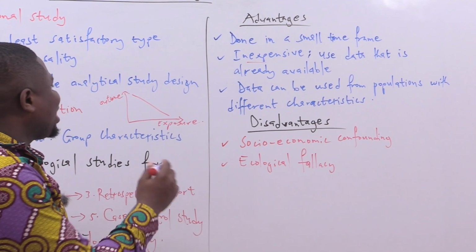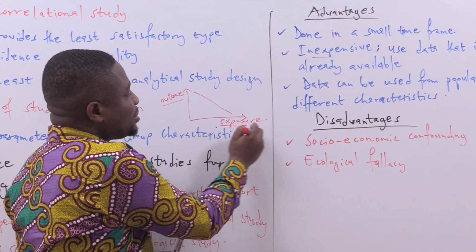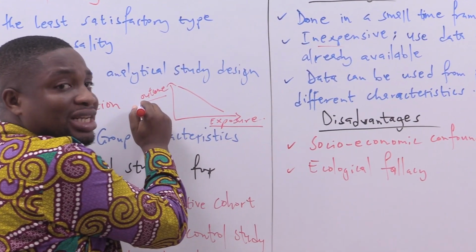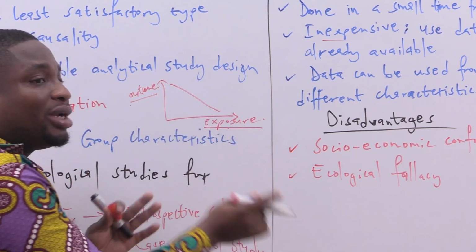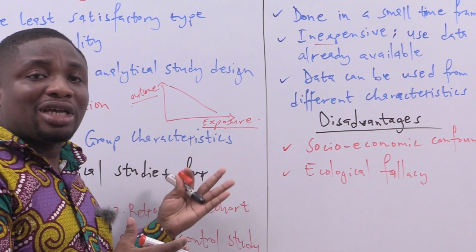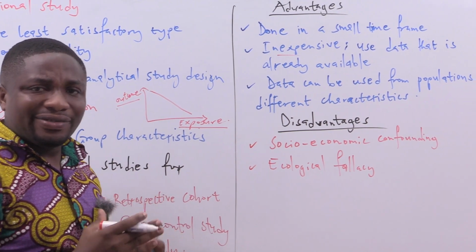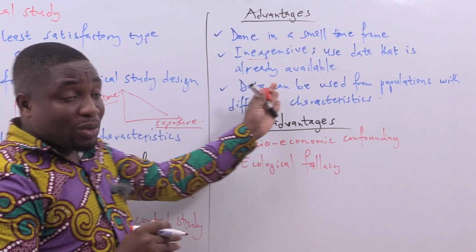That is why we are saying that you are going to be correlating the outcome to the exposure. The outcome is already available, the exposure is already available. So you are going to be correlating. Is there a positive relationship between the outcome and the exposure, or is there a negative relationship?